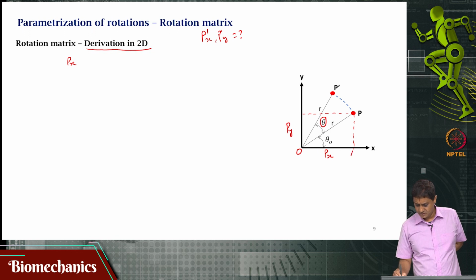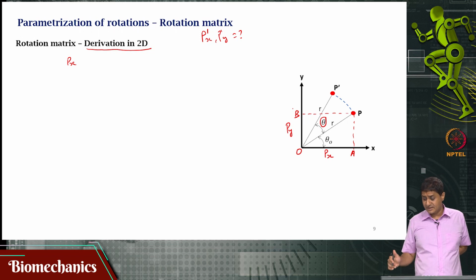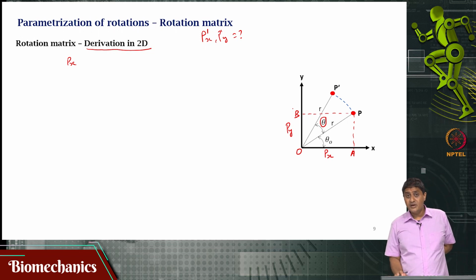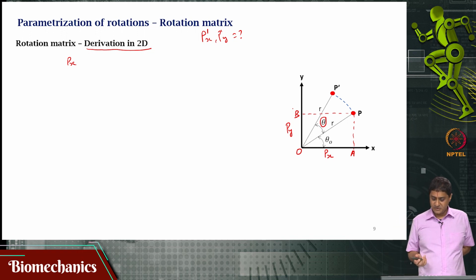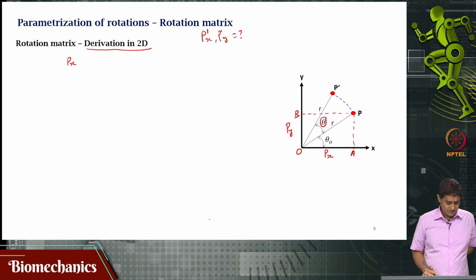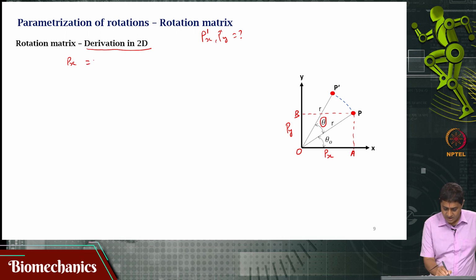I am going to call this point A and that point B, for example. In the right triangle OAB, OA is Px, the adjacent side. The question is, what is its value? Because I know the length of the vector to be r, that is actually r cos theta naught.